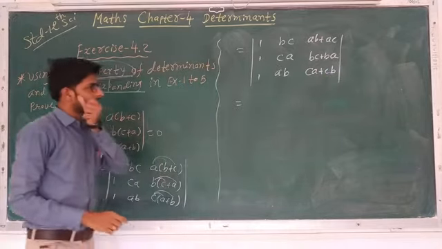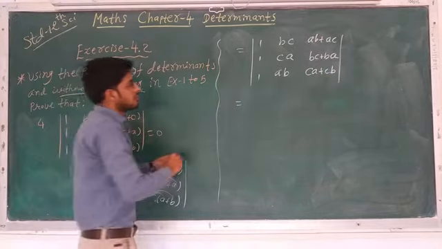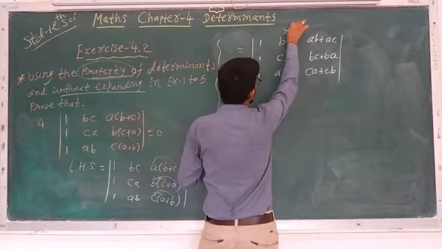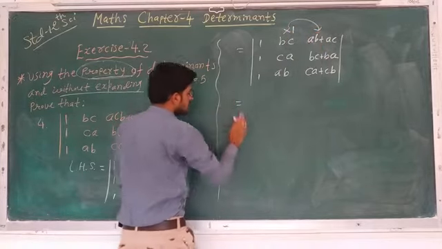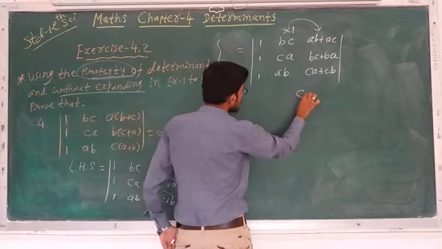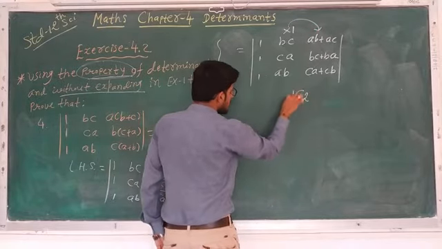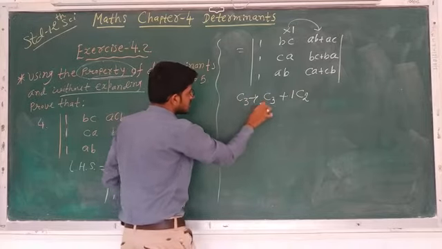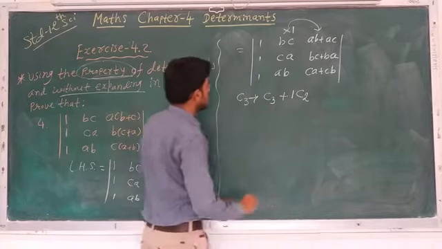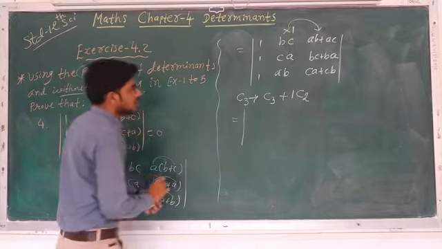Now we will apply property number 6. We will multiply the second column by 1 and add to the third column. So we can write here C3 tends to C3 plus 1 into C2. So what is the answer?